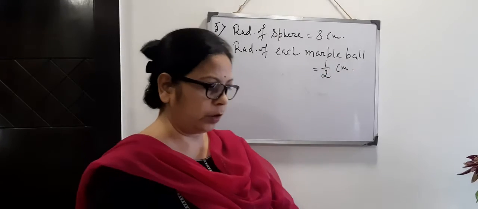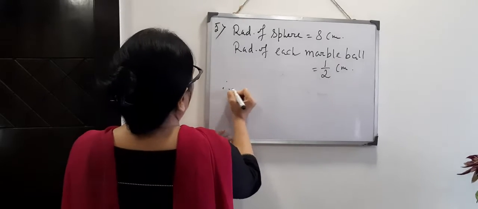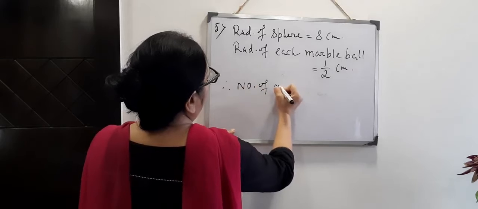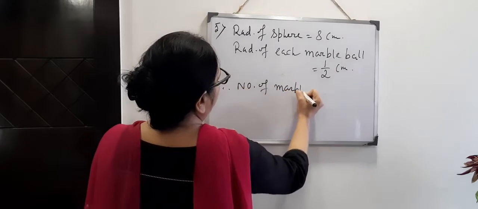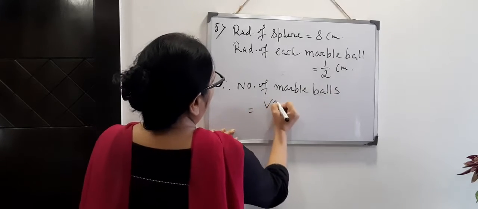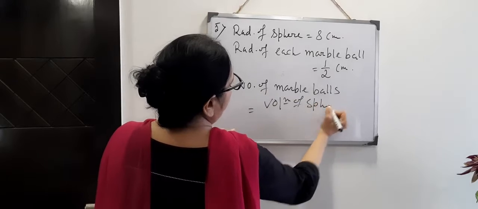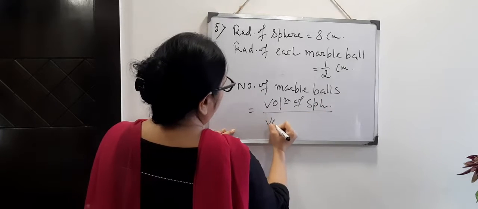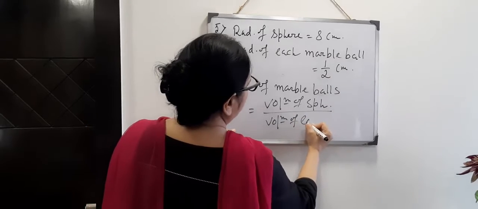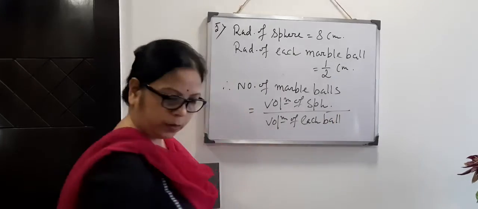Given diameter 1 centimeter. Then calculate the number of balls. Therefore, number of marble balls equals volume of sphere by volume of each ball. Clear?